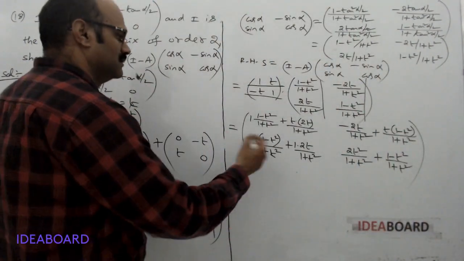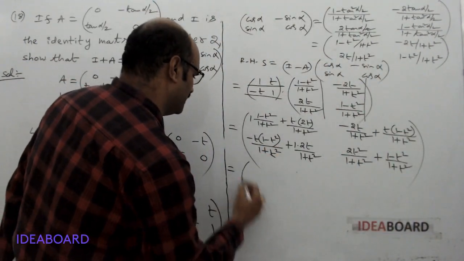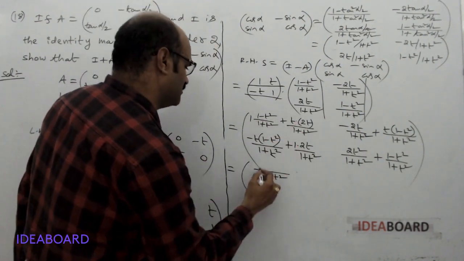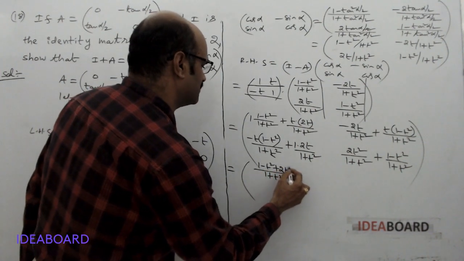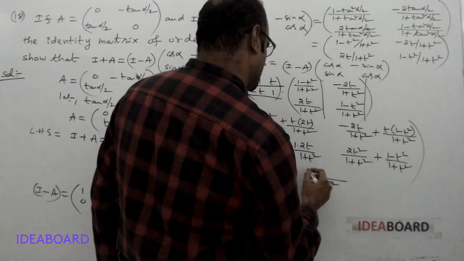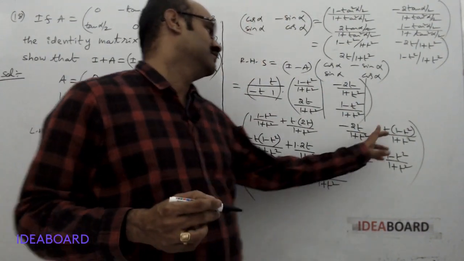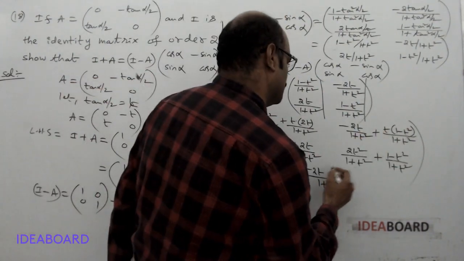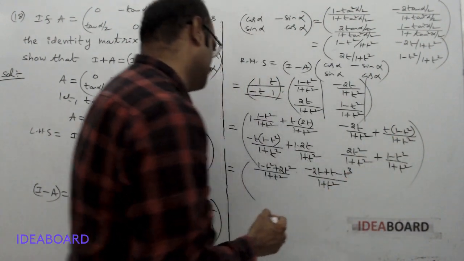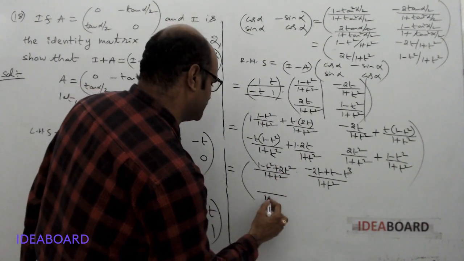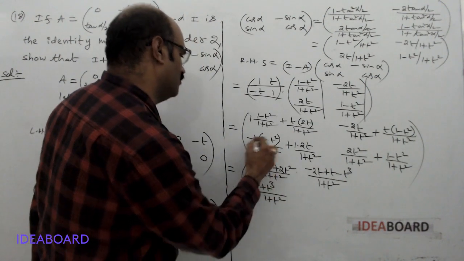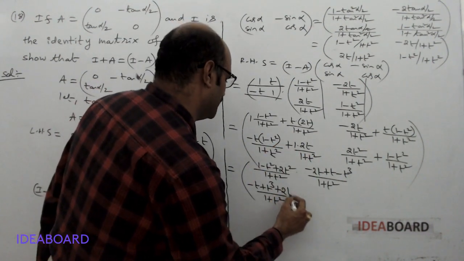If we simplify, we get here 1 plus t square LCM, 1 minus t square plus 2t square. Here 1 plus t square LCM, then minus 2t plus t minus t cube. Here 1 plus t square LCM, minus t plus t cube plus 2t.